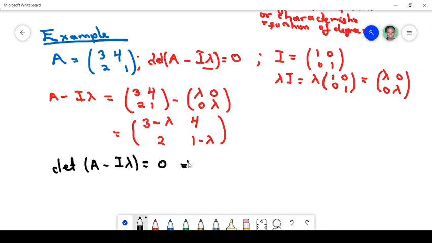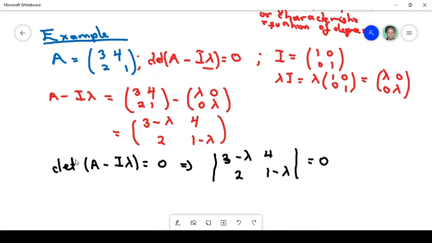So this implies that we take the determinant of our matrix, which we have done in our previous lectures. If you've not watched our lectures on determinants, I encourage you to go and watch that video. It's equal to 0. So if you want to find our determinant, let's multiply.